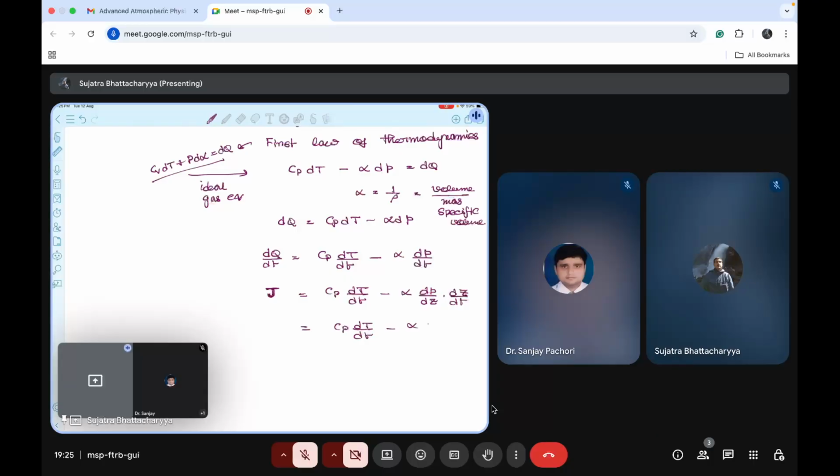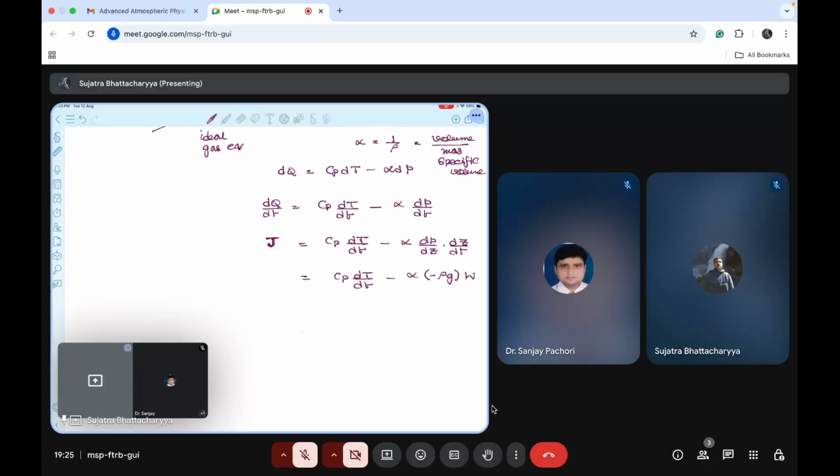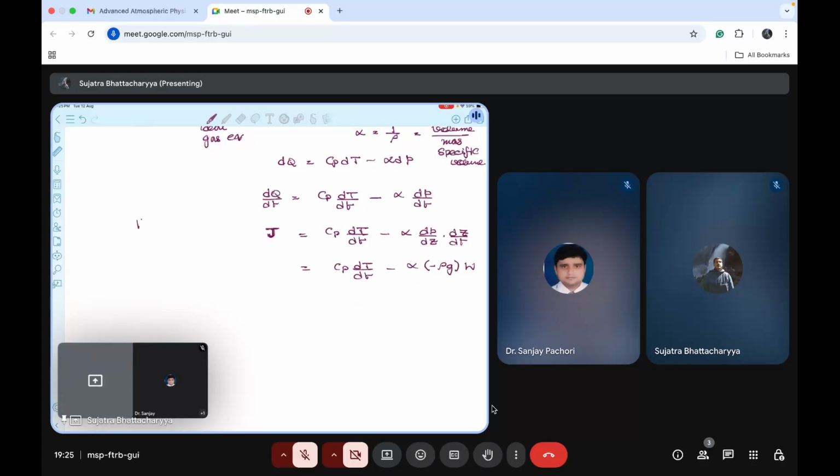dp/dz is, according to the hydrostatic approximation, minus rho g, and dz/dt is w, the vertical velocity. The hydrostatic approximation is that dp/dz is equal to minus rho g.